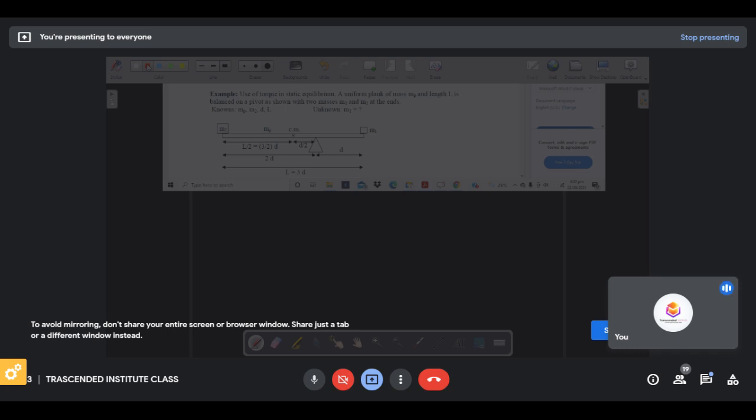We want to look at the forces. Let's go direct to the torques because we already know how to come up with the forces. So what do we expect to have? How many torques do we expect to have here? Help me identify them just from the diagram.